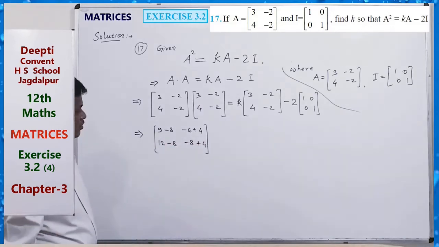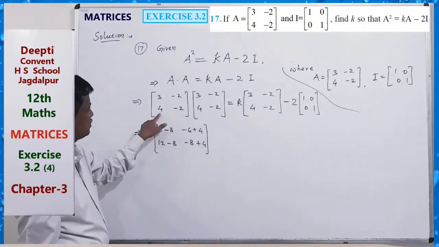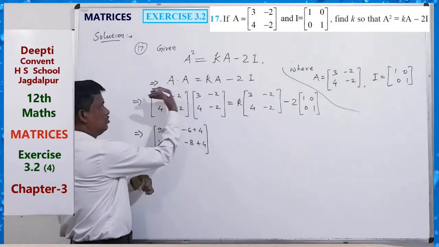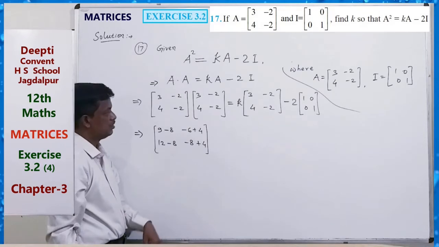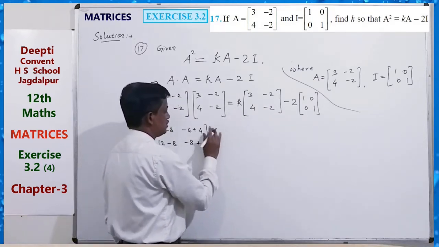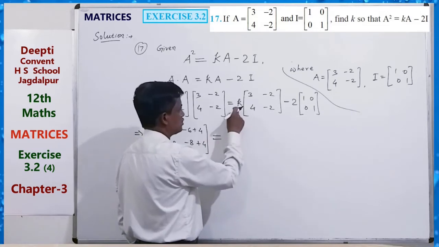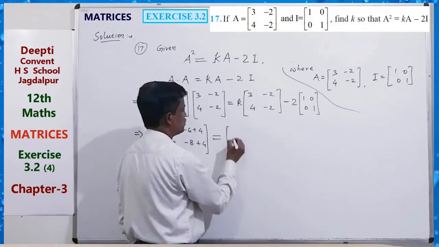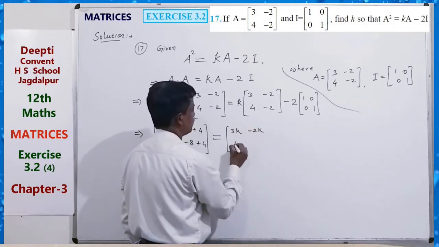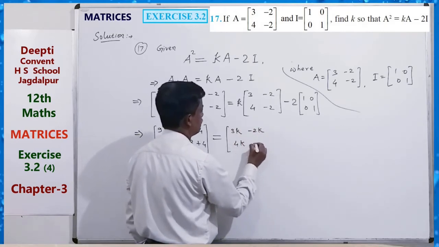Okay, just column to row wise. Right hand side constant, just multiply this constant to the inner side, so we get 3k minus 2k, 4k minus 2k.